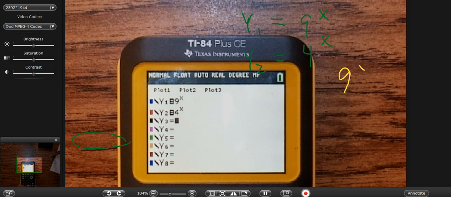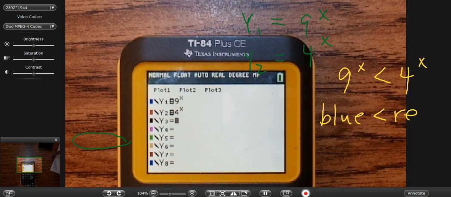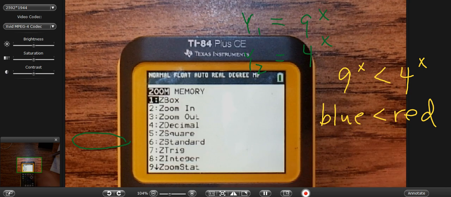They wanted 9 to the x is less than 4 to the x. So for me, that's blue is less than red. Okay? So how do I want to graph it? Probably want to go back to the standard window, so zoom 6.